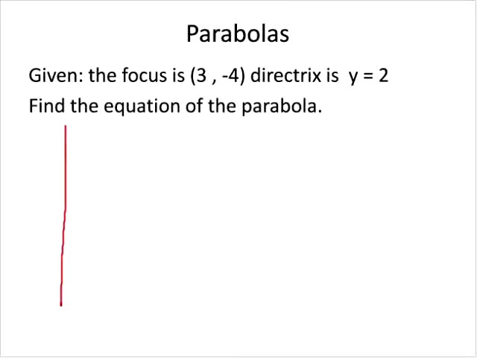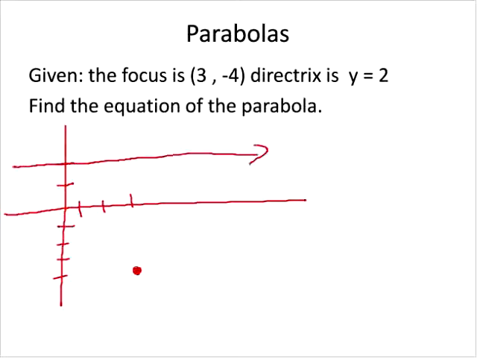I'm not looking for a perfect graph. So here's the focus, somewhere down here, 3, negative 4. The directrix is a line up here, a horizontal line through 2 on the y-axis. So it's this nice line right here.